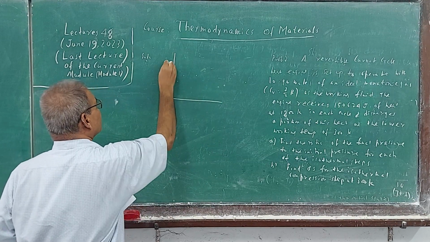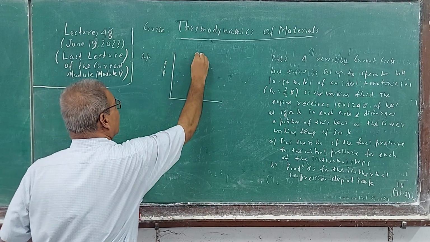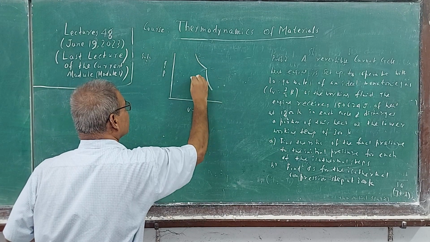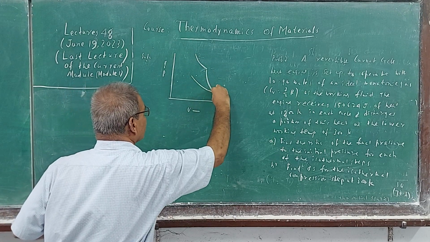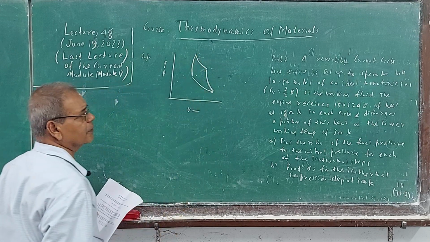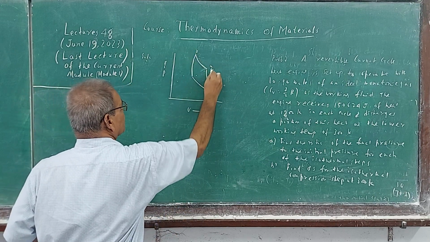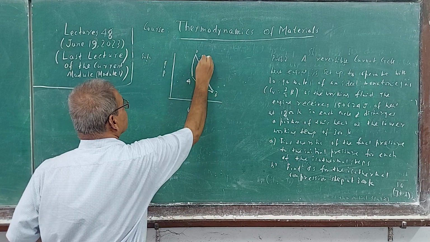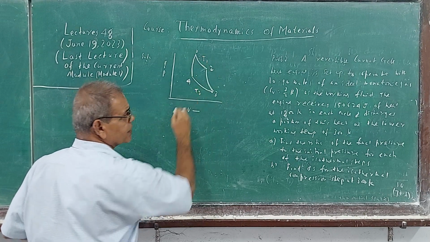Draw the PV diagram: isothermal, adiabatic, isothermal. Points 1, 2, 3, 4. This is T1, this is T2. Mark this.